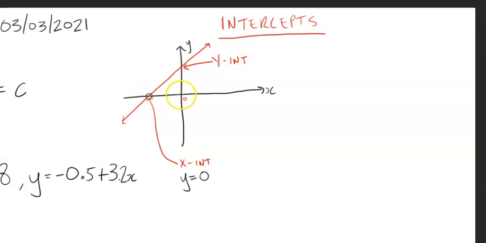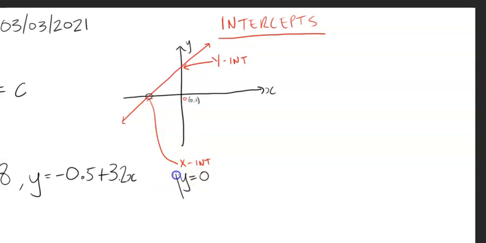We know it's a negative value because it's in the negative quadrant of the axis, but it hits y at exactly 0. Because if we line up where y is equal to 0, remember this being our origin 0, 0, it hits exactly where y is equal to 0. So every time we look for an x-intercept, our y value has to equal 0.